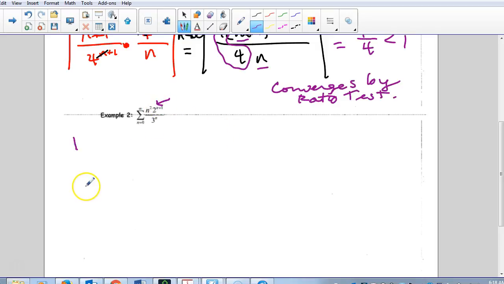The minute I've got exponentials, I can't use p-series. Those are not exponentials. Those are, oh gosh, what are they called? I don't know. They're not exponentials. So I'm going to take the limit as n goes to infinity of the absolute value of the next term.